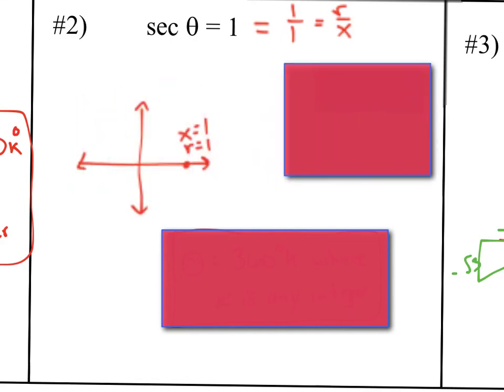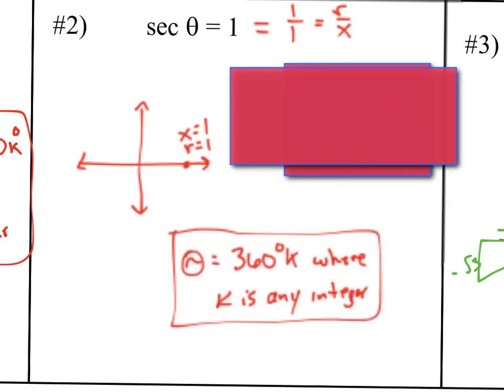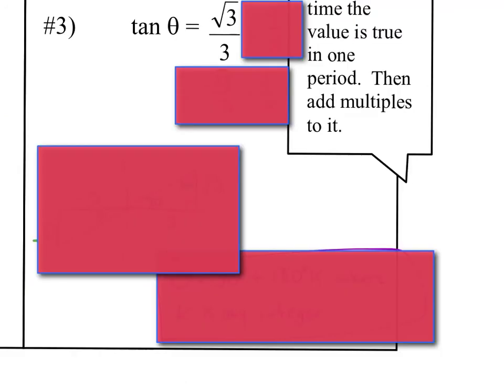What degree measure is that? Well, it's 0 degrees. Since the period length for secant is 360, it's going to be 0 degrees plus 360 degrees k, where k is any integer. Adding 0 to anything doesn't change its value, so we could just say that theta is 360 degrees k, where k is any integer. Once again, the direction said find all values of theta, not just one value, all values.